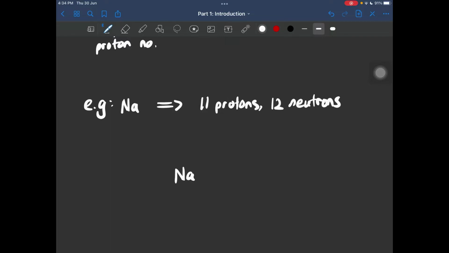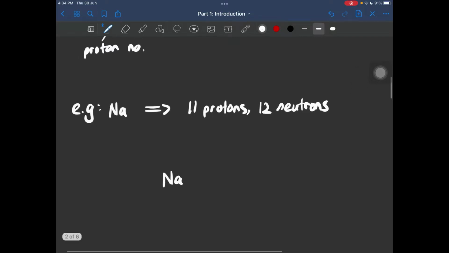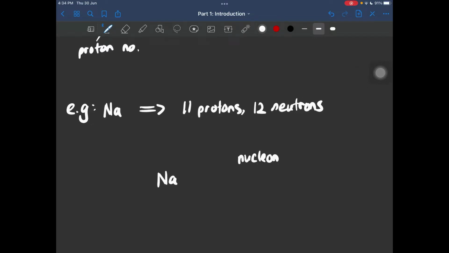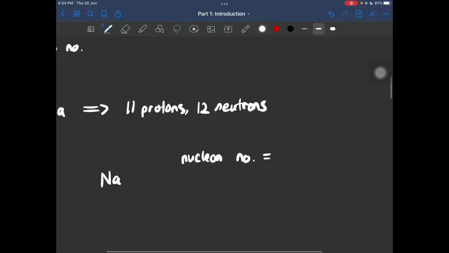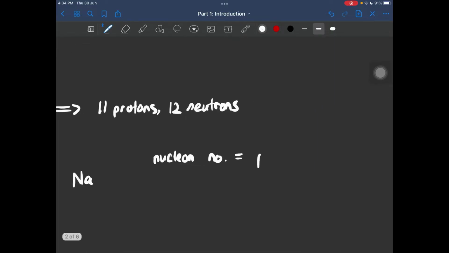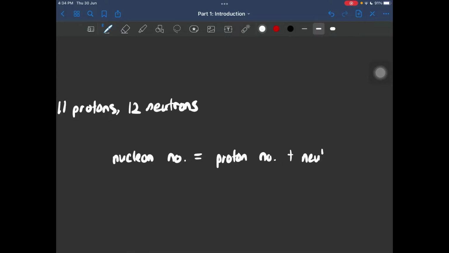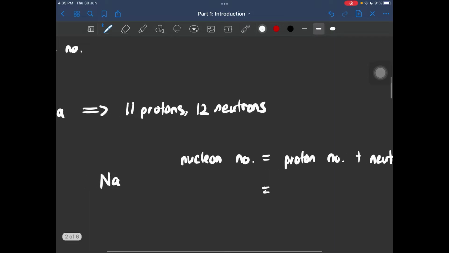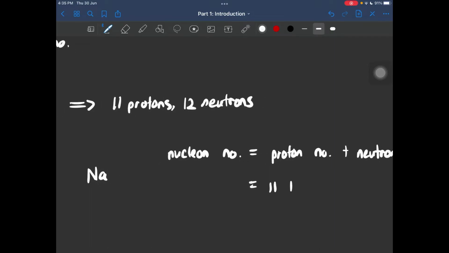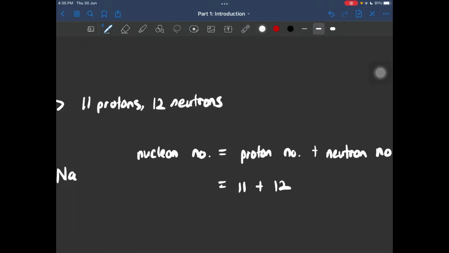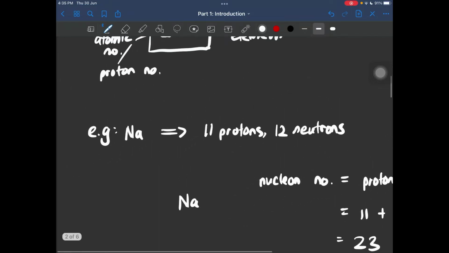So do we have the nucleon number? No, we do not have the nucleon number. The nucleon number is equivalent to the sum of the proton number plus the neutron number. In this case, the proton number and also the neutron number is given. The proton number is 11 and the neutron number is 12. So the nucleon number is equal to 23.